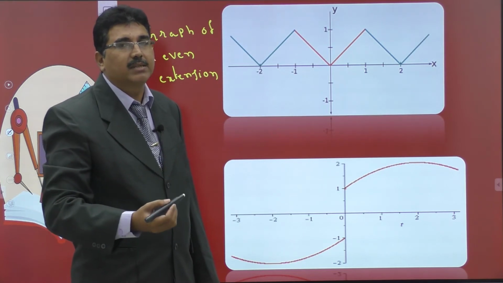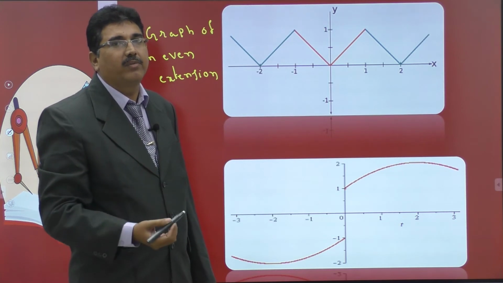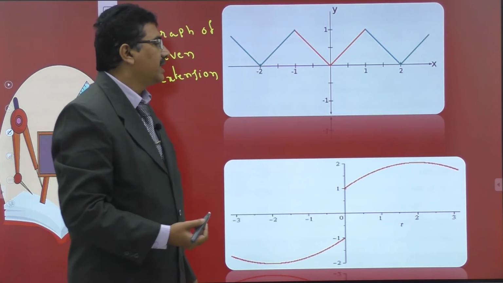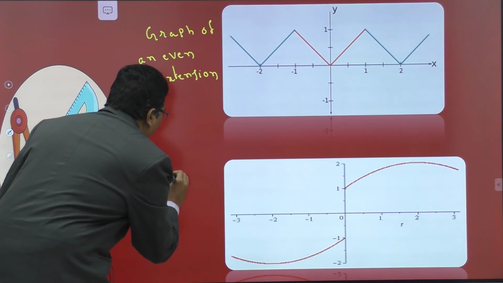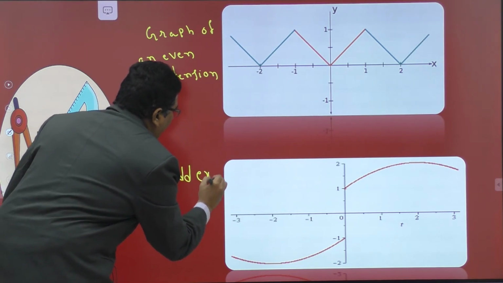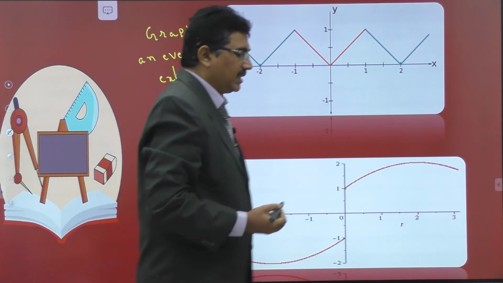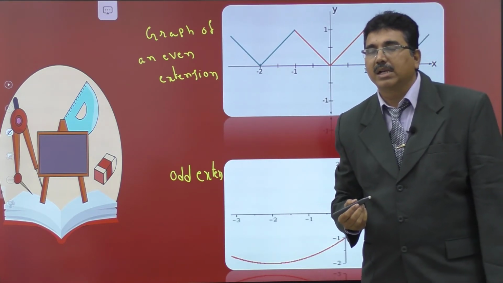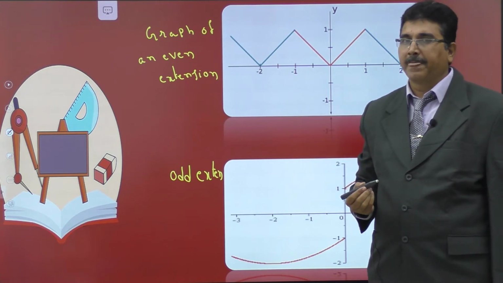If f of x becomes an odd function, the extension of f will be an odd extension. This is the graph of an odd extension. Right, these are the graphs of an even extension of a function and an odd extension of a function.